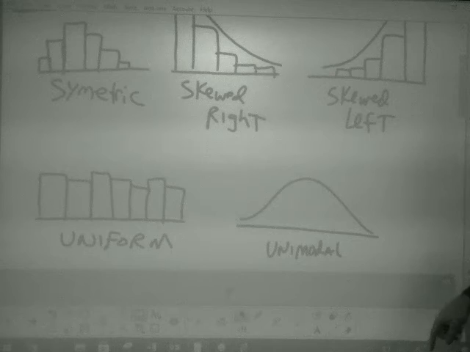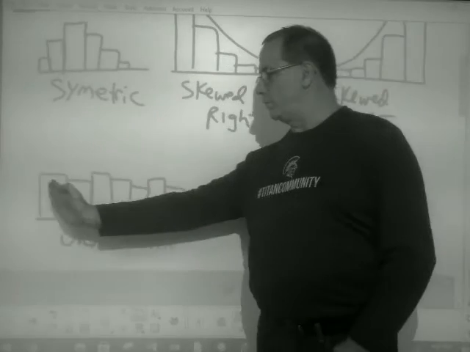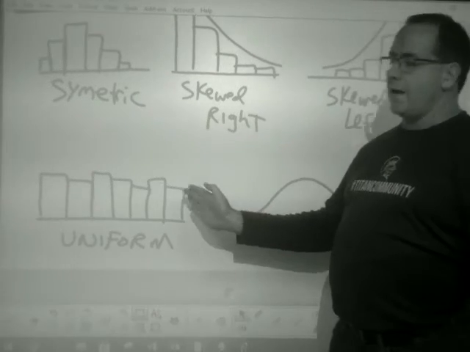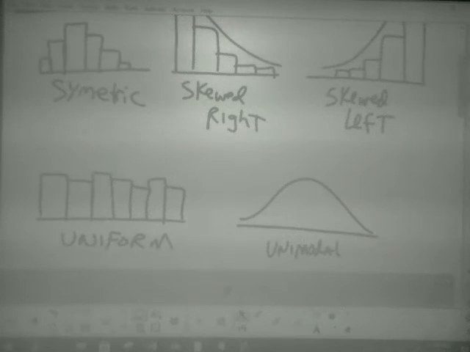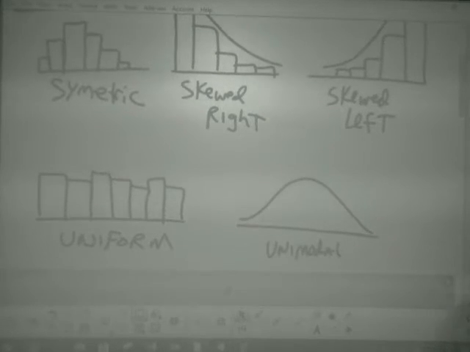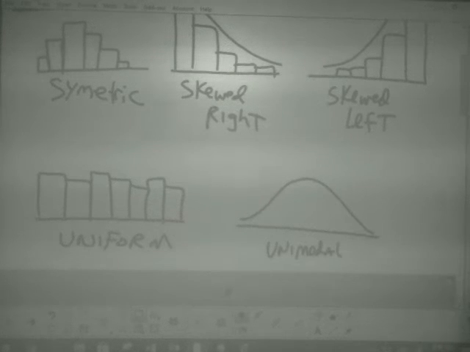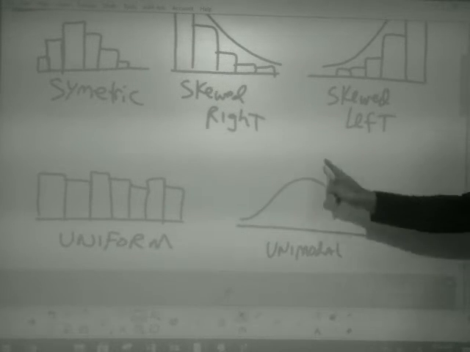Two others that we talk about are uniform. If you notice, there's really no tail and it's approximately the same height the whole time. We also talk about unimodal, having one mode or one peak.